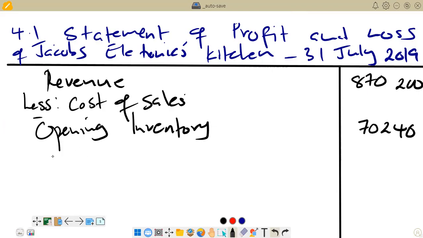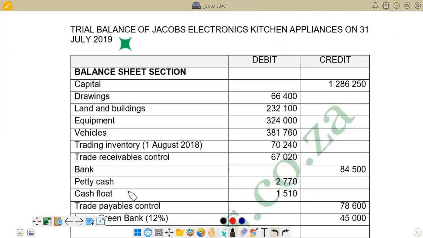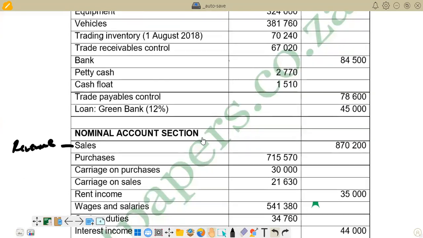For opening inventory, remember we are adding purchases, so we say plus our purchases. We check the figure that we have for purchases in the nominal account section.